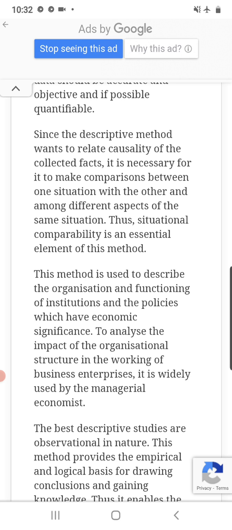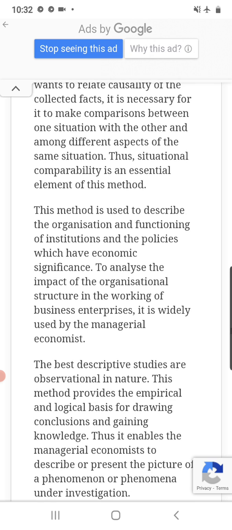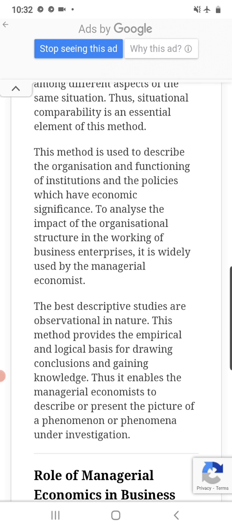To analyze the impact of the organization structure in the working of business enterprise, it is widely used by the managerial economist. The best descriptive studies are observational in nature. This method provides empirical and logical basis of drawing conclusions, gaining the knowledge. It enables the managerial economist to describe the present picture of the phenomenon under investigation.